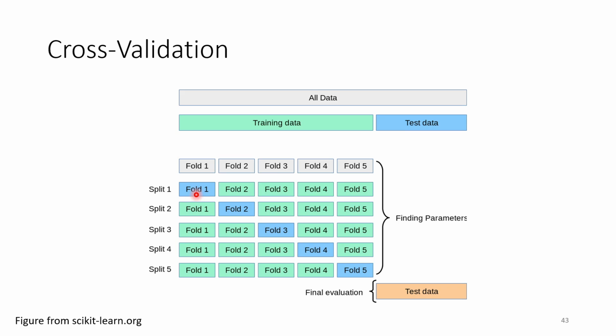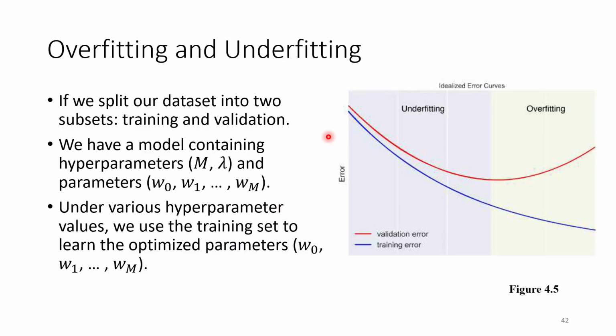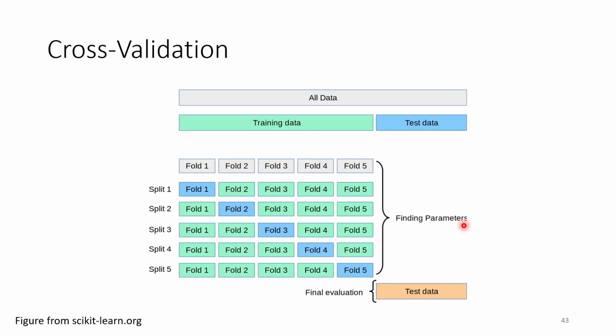Then we switch the validation fold, so it becomes the second fold, and we compute the average of the 5 validation sets. Then we will get a curve like this. Given a training set, we generate a validation set and calculate the average of the 5 tests.